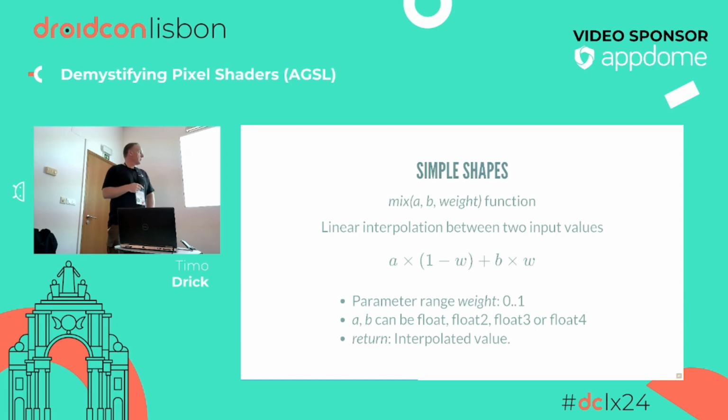Depending on the value you put in at this weight, it will completely use the component from A or B. And when it's between, for example 0.5, then it will mix the color exactly 50% from both parts.